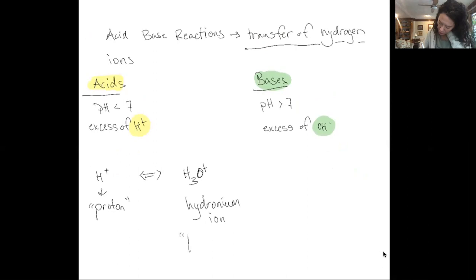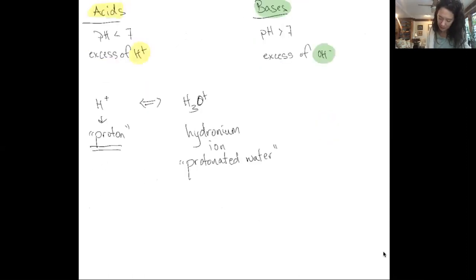It is called protonated water, and hopefully you can see why, because it's water with an extra proton, giving it 3 H's and a positive charge. They can be used interchangeably.